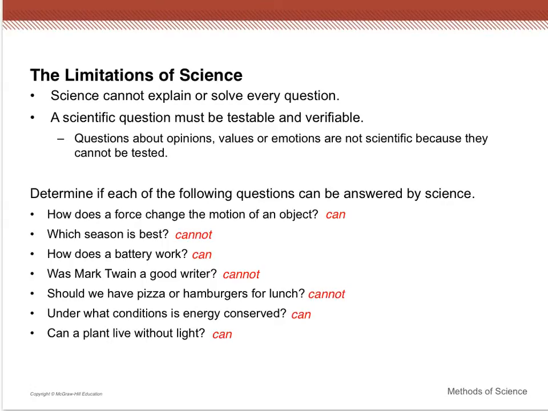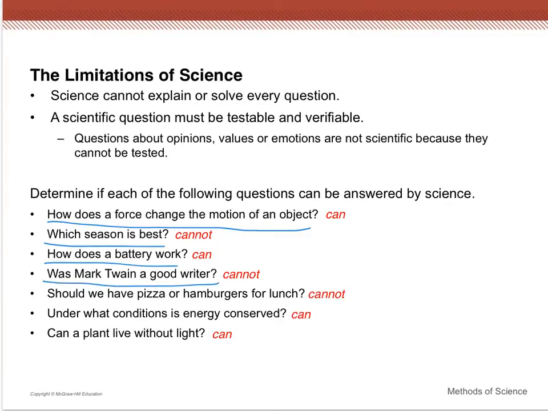If we want to look at how a force changes the motion of an object, science can answer that question because we can devise tests and make observations. But if we want to answer the question, which season is best, well, that's an opinion. So science really can't do anything about that. How does a battery work? Science can answer that question. Was Mark Twain a good writer? Once again, that's opinion.